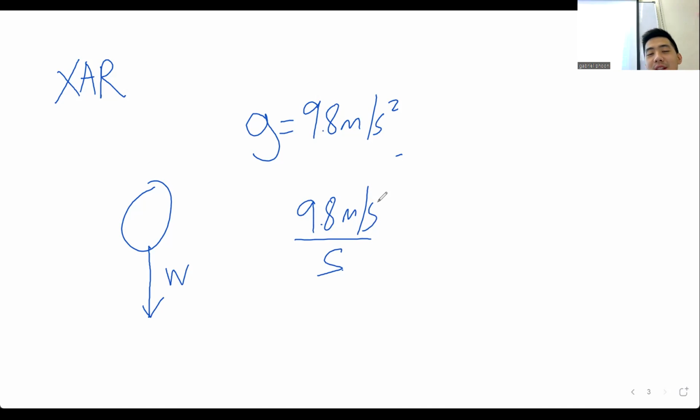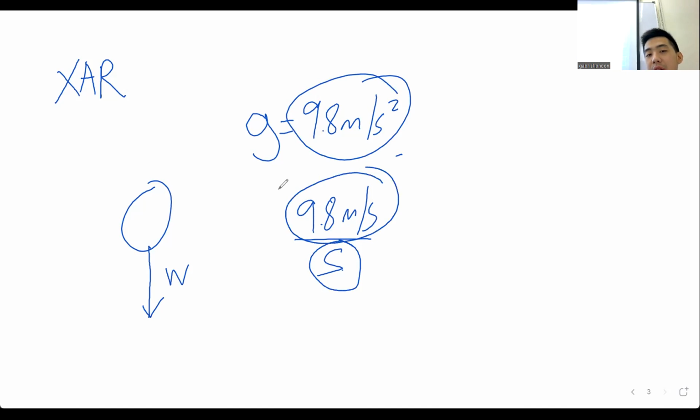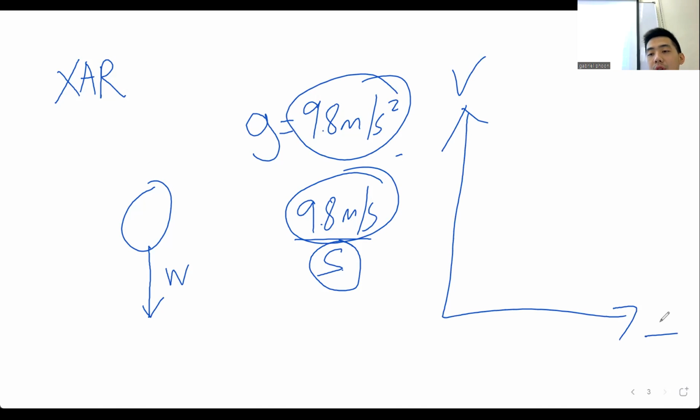Right. So because it is 9.8 meters per second square, it means every second that goes by, the speed increases by 9.8. Meaning, if I were to draw a velocity time graph, every second that goes by, the speed increases by 9.8. Then obviously the next second, it will be 19.6 and so on and so on, right?